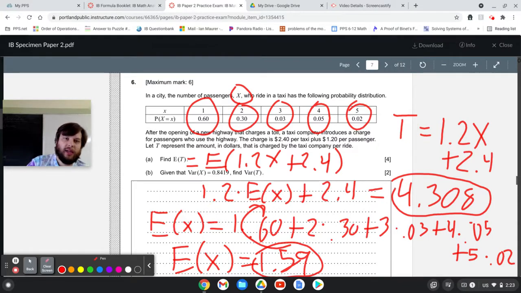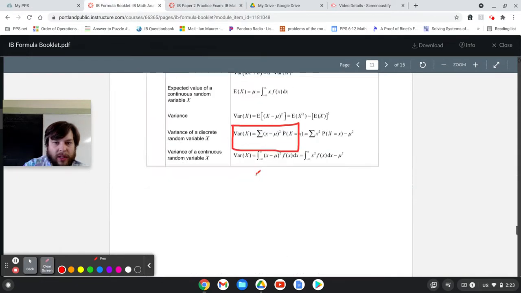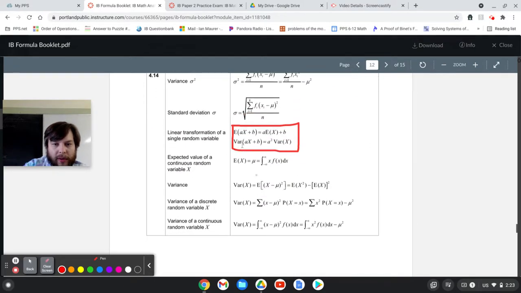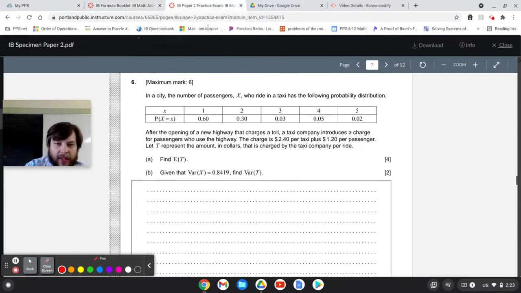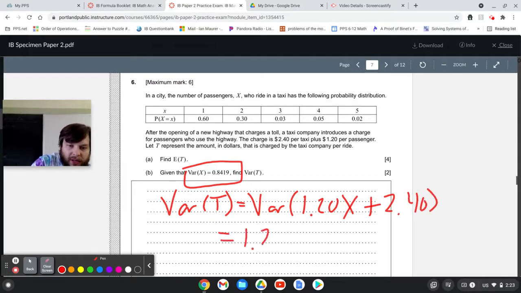Now the other thing that we saw on the formula sheet was about the variance, which is the second question there. So going down to this, where are we? Right there. This formula right here, that the variance of ax plus b is a squared times the variance of x. So the variance of t is equal to the variance of 1.2x plus 2.4, which equals 1.20 squared times the variance of x.